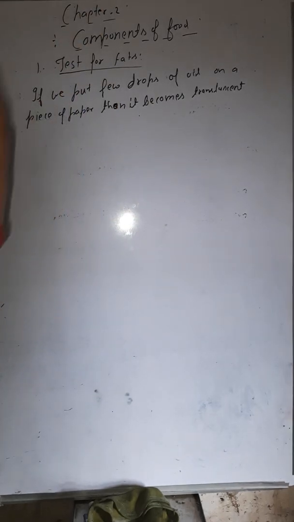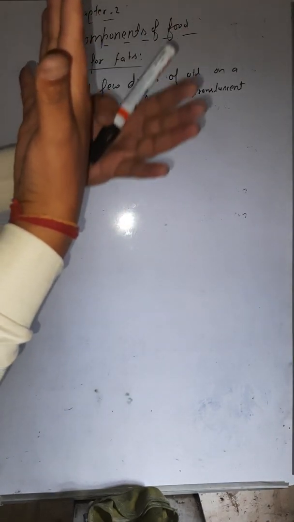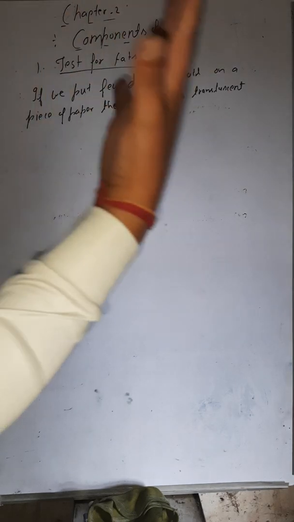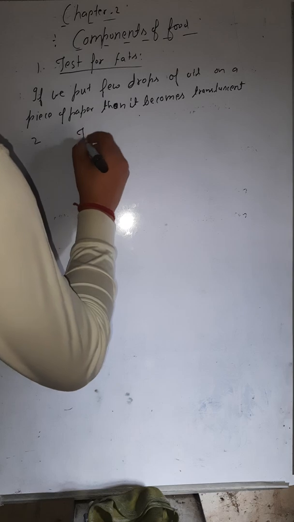Earlier the paper was opaque. Now when you put a few drops of oil, the paper has become translucent, so we can see through it, not clearly but partially. This indicates the presence of fat, meaning there is oil. Now the second thing, we are going to test for the presence of starch. Test for starch.